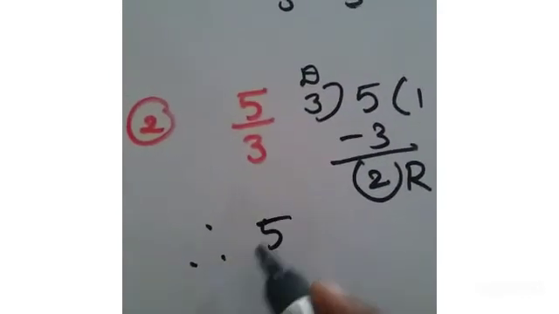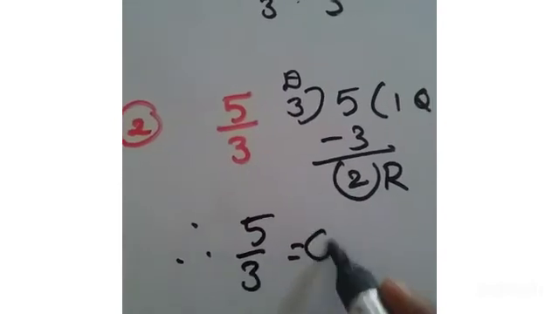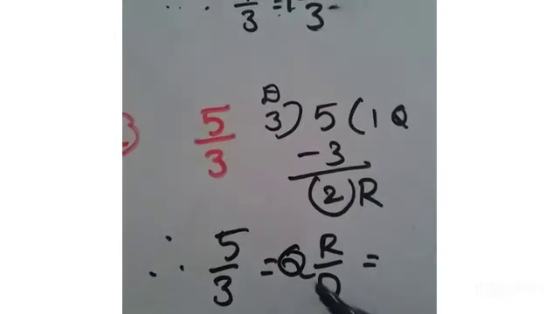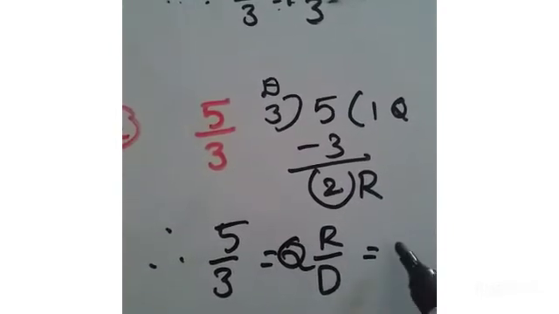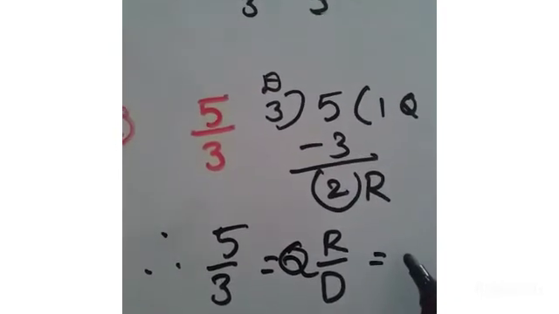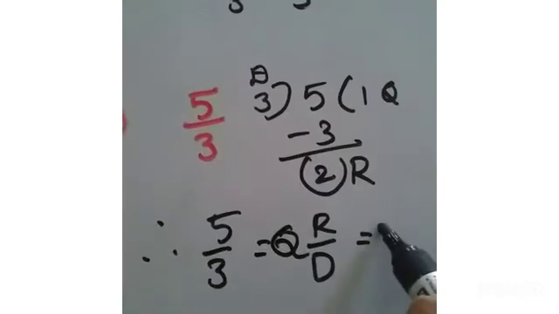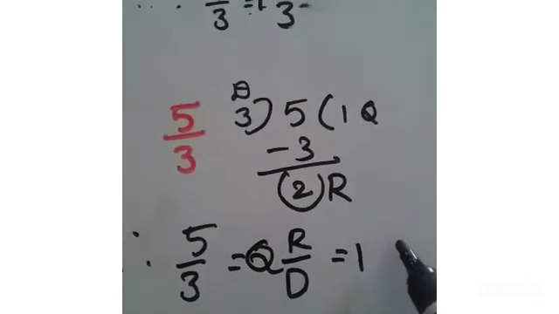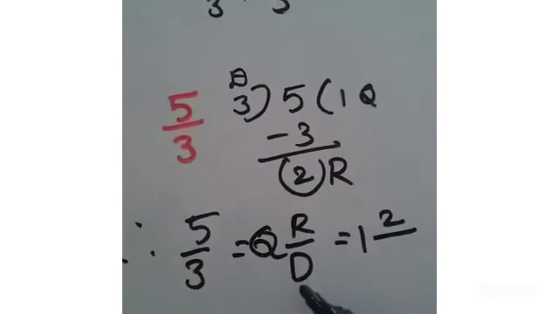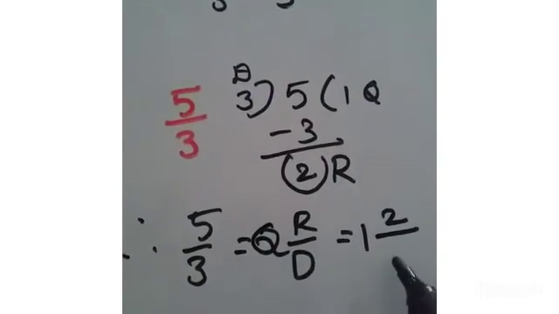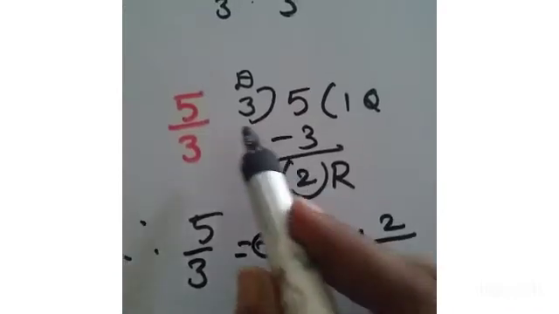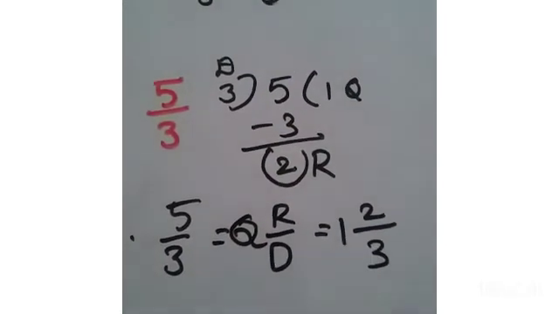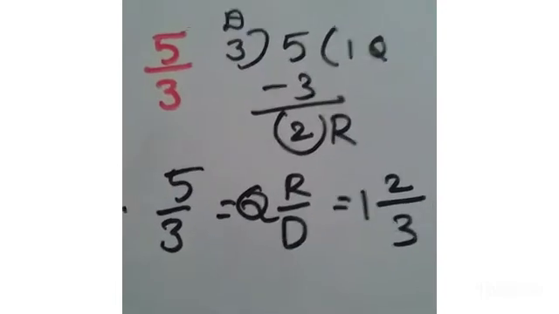Therefore, 5 by 3 is equal to Q R by D. The quotient should be written as the mixed number, the remainder in the place of the numerator, and the divisor in the place of the denominator. So 1, 2 by 3.